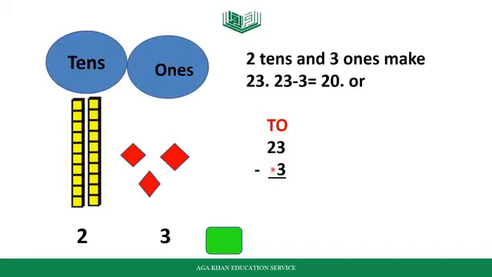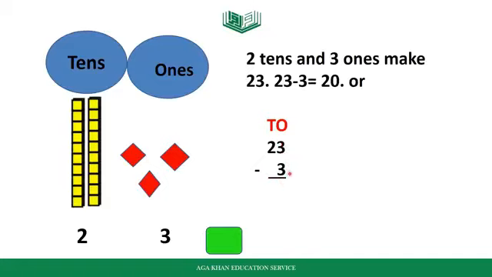We are subtracting one digit from two digits, so we have only three ones. We will write ones below ones. And we don't have tens here, so we will not write minus here. We will write minus here. Okay. And then what is the next step?